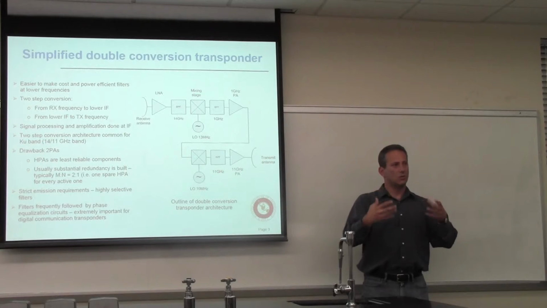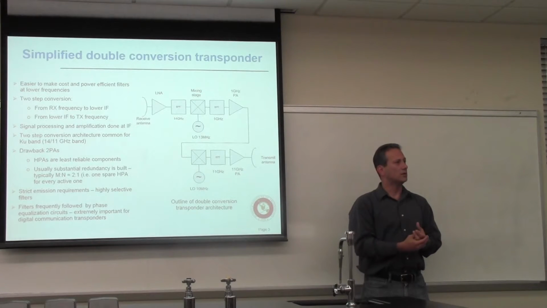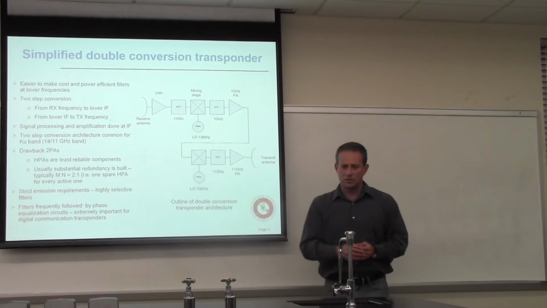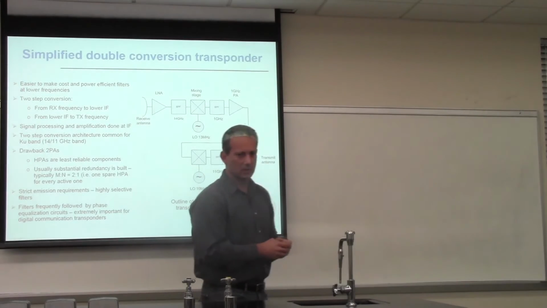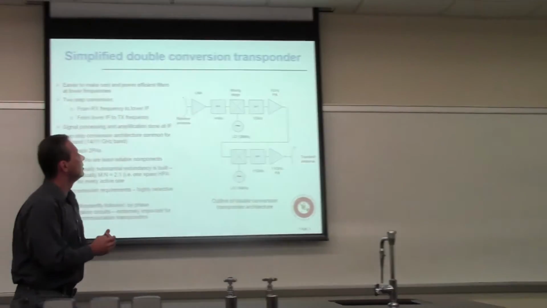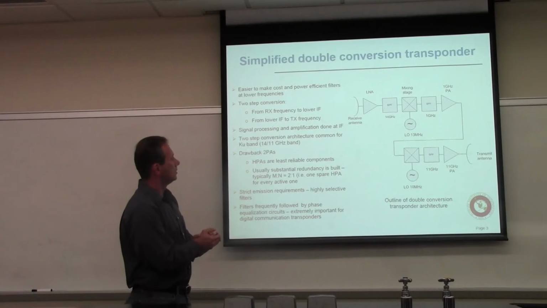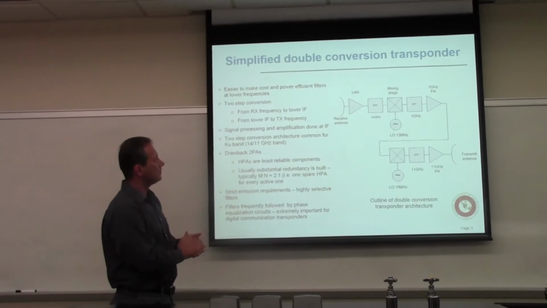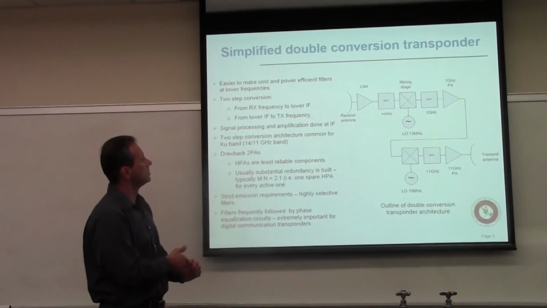So that means that there's a whole bunch of electronics that needs to work at the intermediate frequency to clean up the signal, to condition it so that you can rebroadcast. So in those cases, it's not uncommon to have what is called a two-stage conversion, or a double conversion transponder.